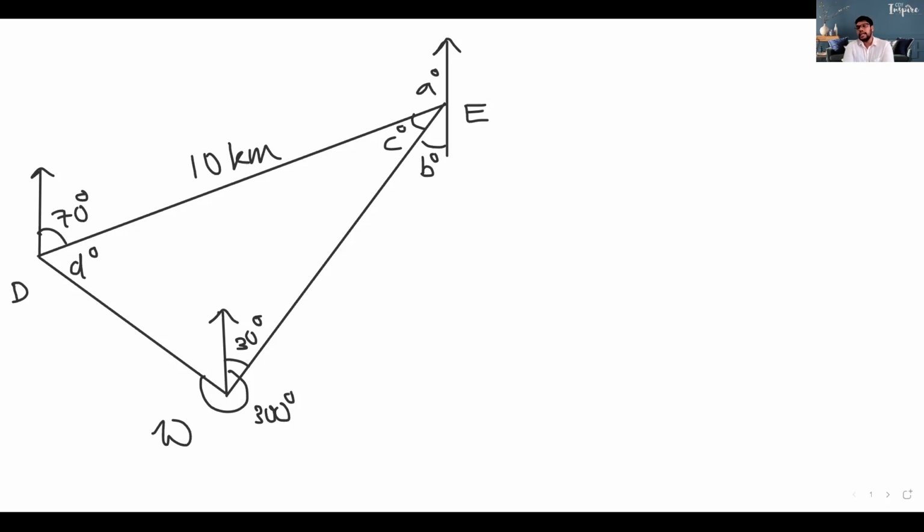So that is true. And the ship Discovery, D, is on a bearing of 300 degrees from the wreck. Then it says the bearing of Explorer from Discovery is 70 degrees. So that also you can see is true. And the distance between the ships is 10 kilometers. So we have marked that as well.